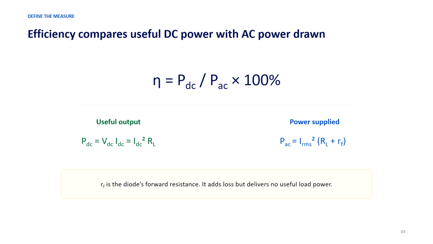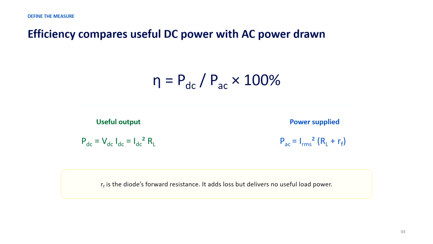Rectification efficiency is the ratio of useful DC power delivered to the load to the AC power supplied to the rectifier. The DC output power is VDC times IDC, or IDC squared RL, where RL is the load resistance. The AC input power depends on the RMS current and the total series resistance, which includes the load resistance and the diode's forward resistance.